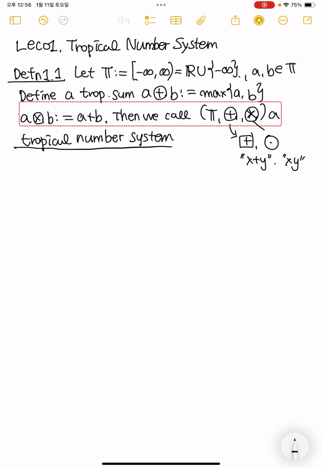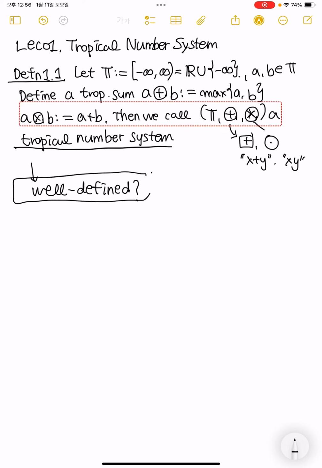But anyway, we should check whether the system is well defined. That is very, very important. If it is not well defined, it is useless.